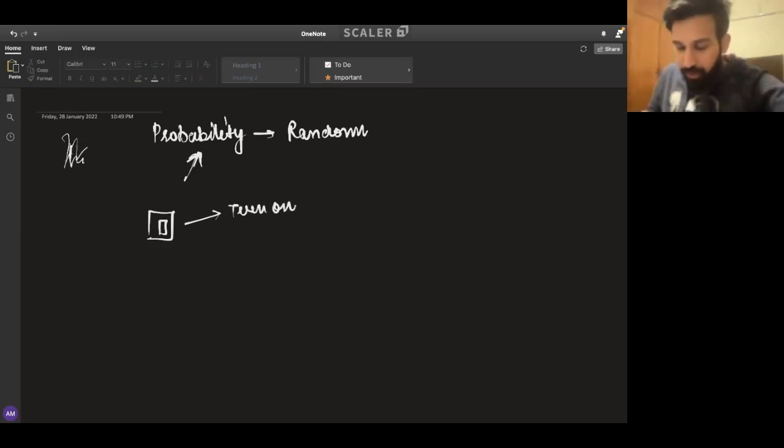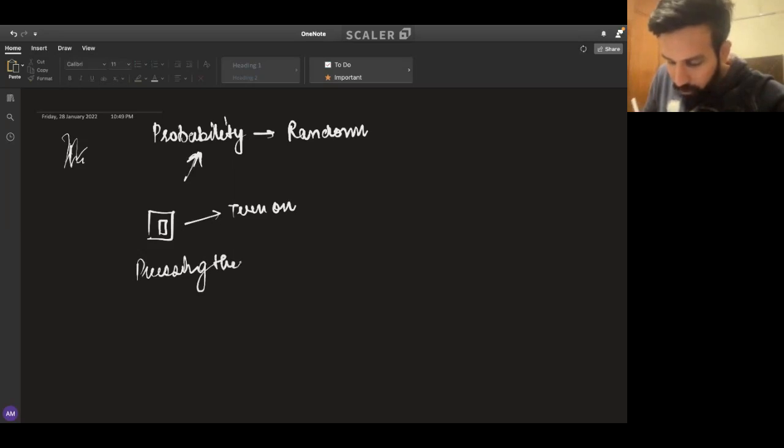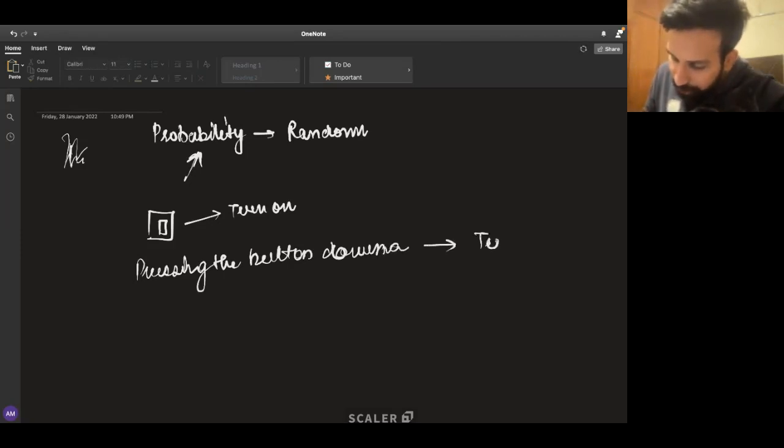Yes. Right. So what was the experiment? The experiment was pressing the button. Pressing the button downwards, and that would turn on the light. And pressing the button upwards would turn off the light, right?